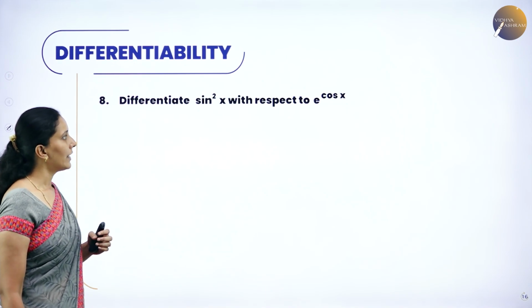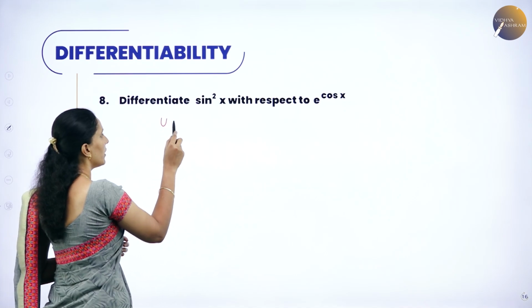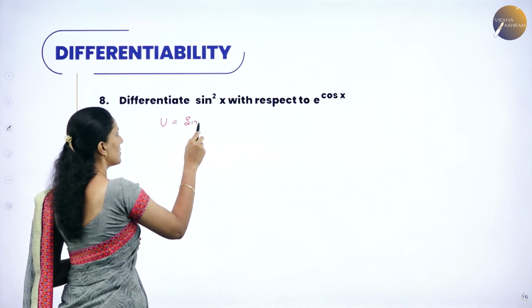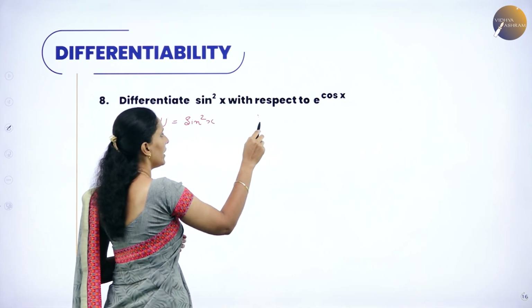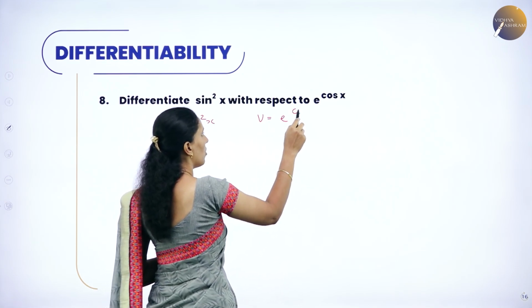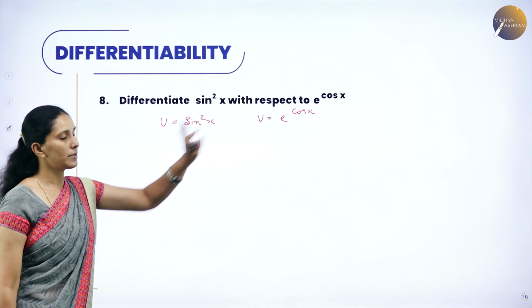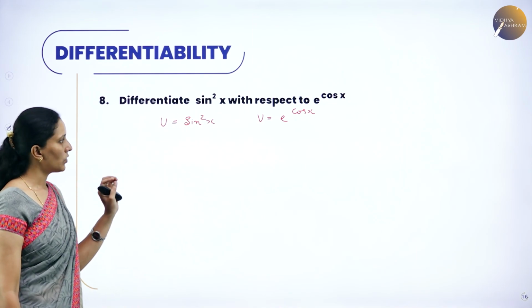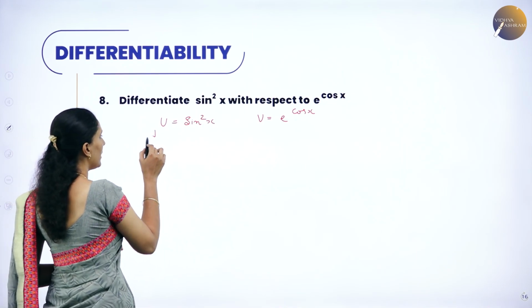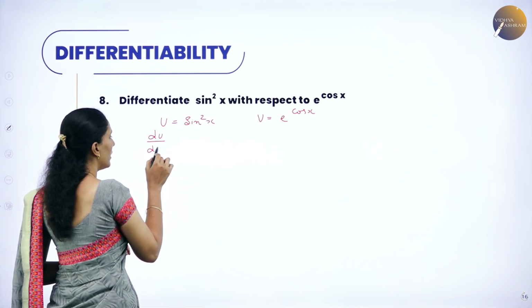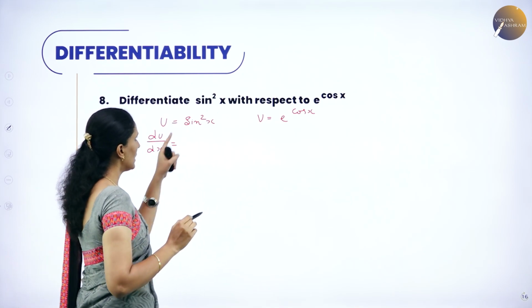So let us take u is equal to sin square x and v is equal to e power cos x. Now we need to differentiate this with respect to e power cos x. So let me take du by dx here, differentiate both with respect to x.